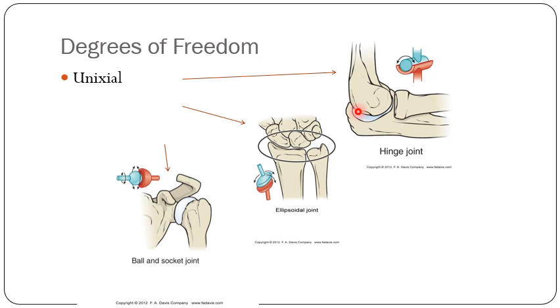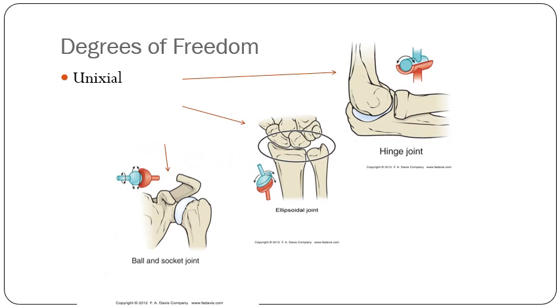That's 1 degree. I said they're actually showing 2 here because here's the elbow joint, but you also have, though you can't see the other side of it, the radial ulnar joint, which is a pivot joint. So the radial ulnar joint is responsible for pronating and supinating the forearm, which is also uniaxial.